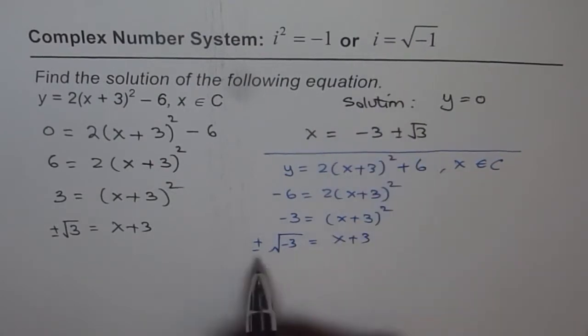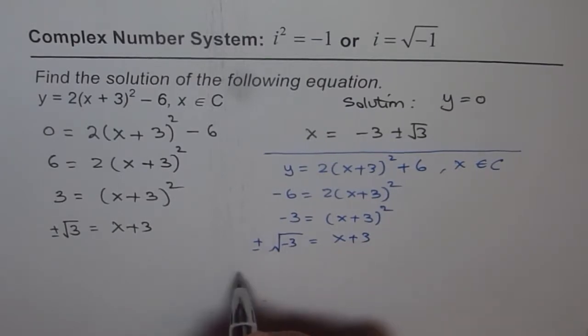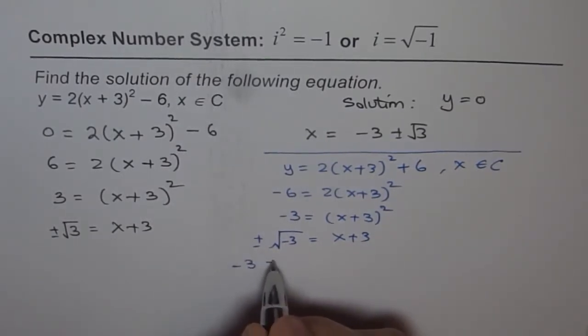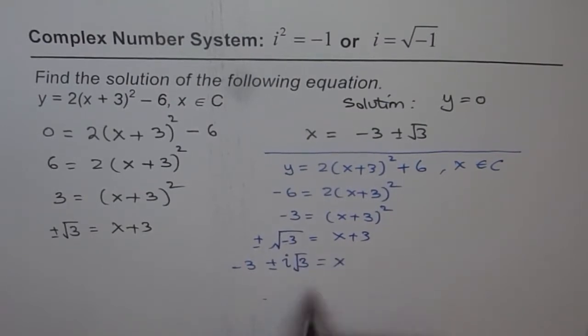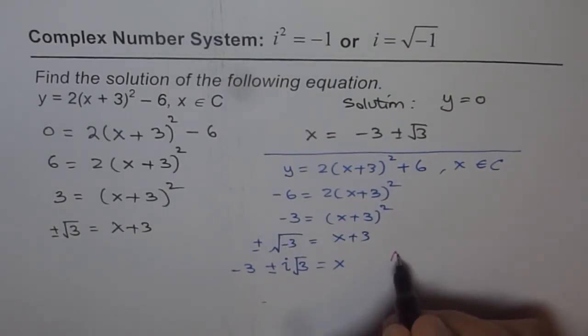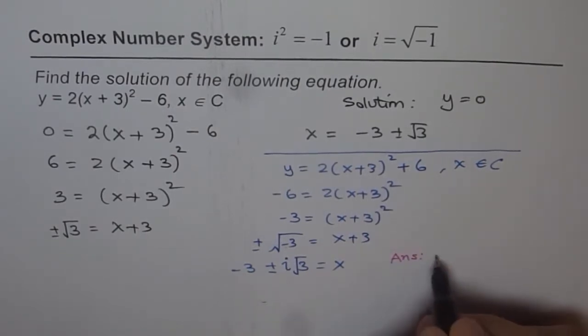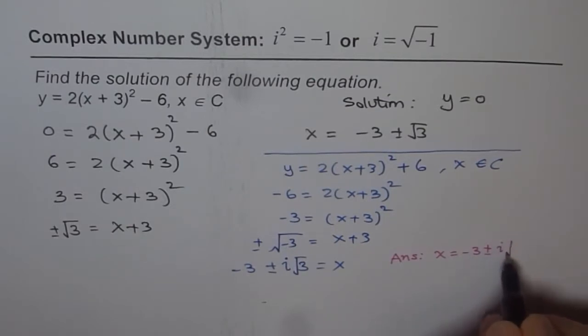We bring 3 to this side, so it is minus 3, like we had before, plus or minus i times the square root of 3. So for this question, we do get a solution in the domain of complex numbers. The answer is x equals minus 3 plus or minus i square root 3.